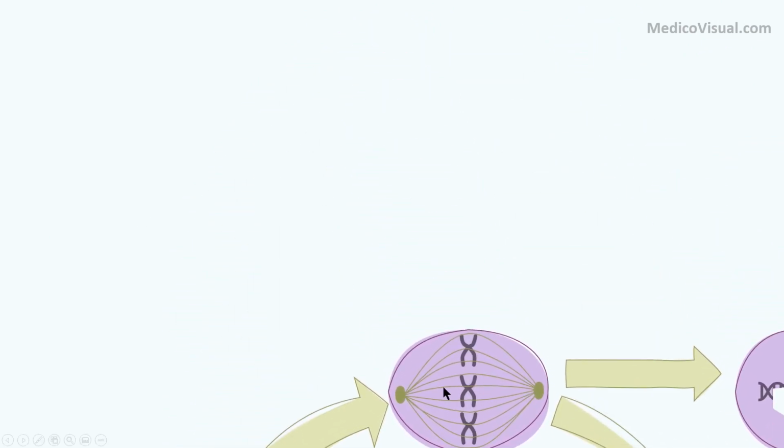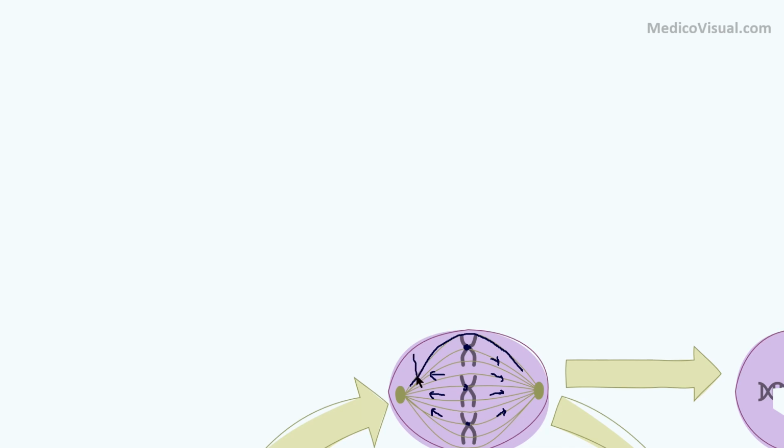Then here in M phase or mitosis phase, microtubules are formed, and those microtubules which are attaching to these chromosomes will pull apart these chromosomes to each pole, and these chromosomes will be separated into chromatids.